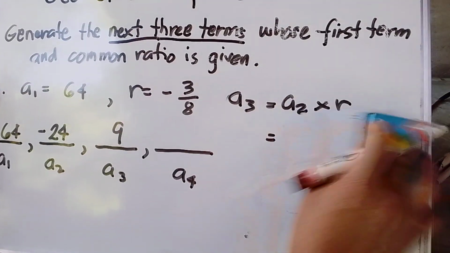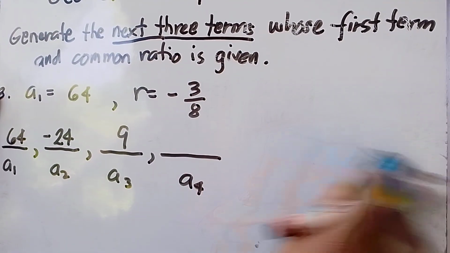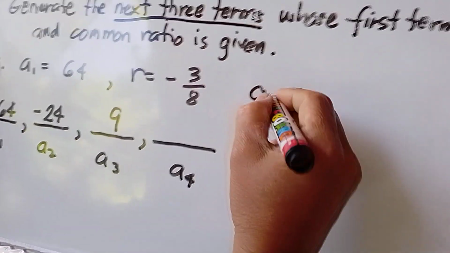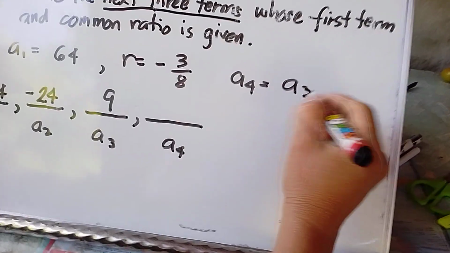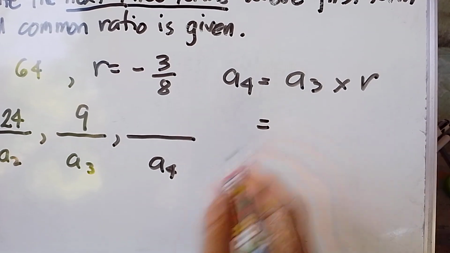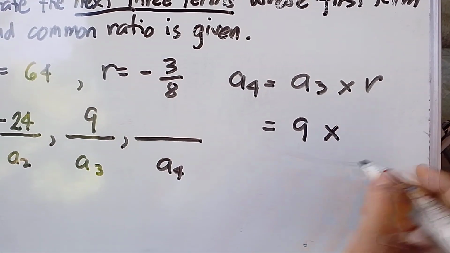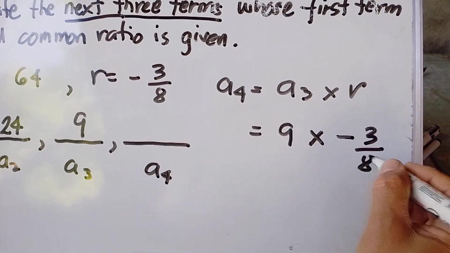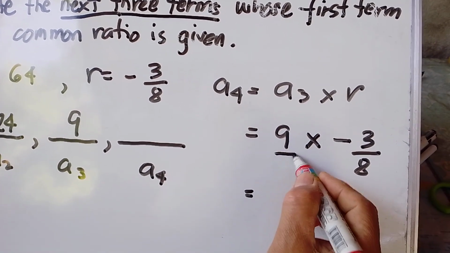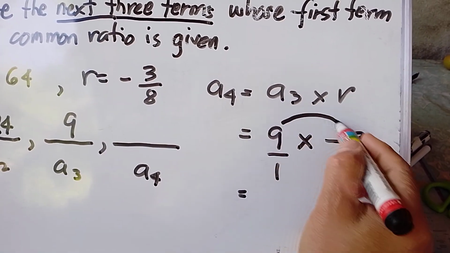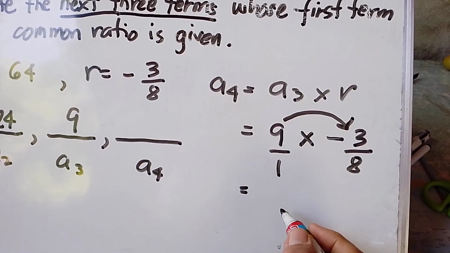Then the last term, which is a sub 4. A sub 4 is equal to a sub 3 times r. Our a sub 3 is 9 times the common ratio, negative 3 over 8. Okay, so this is over 1. And then we multiply the numerators.